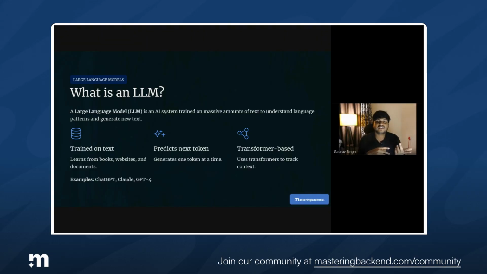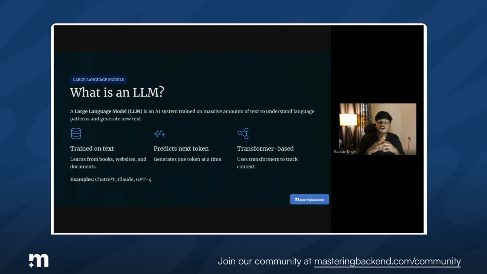It is pre-trained by a company with the help of books, websites, and documents. There are many companies that provide LLMs, like OpenAI and Anthropic, which are the cloud providers that provide our models. OpenAI provides ChatGPT, Anthropic provides Claude.